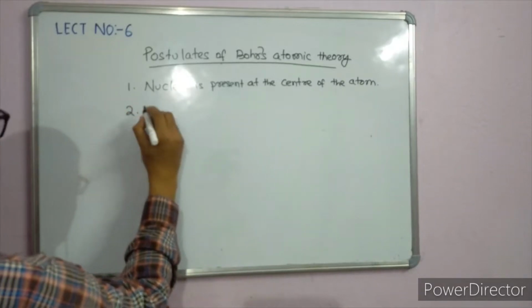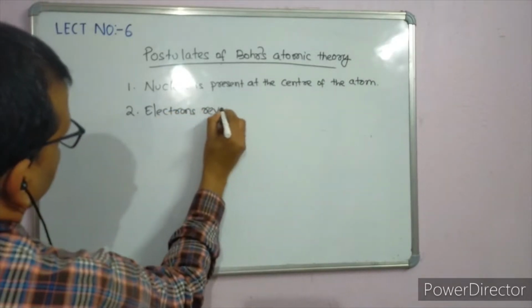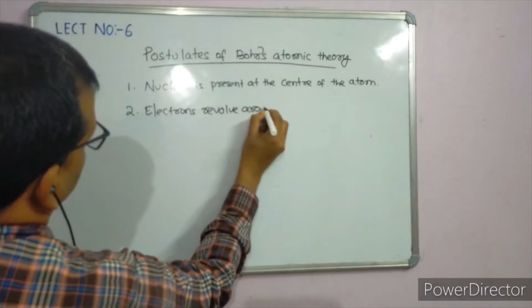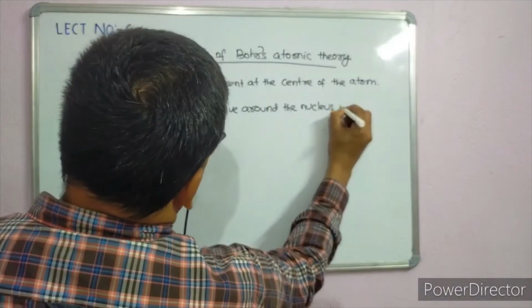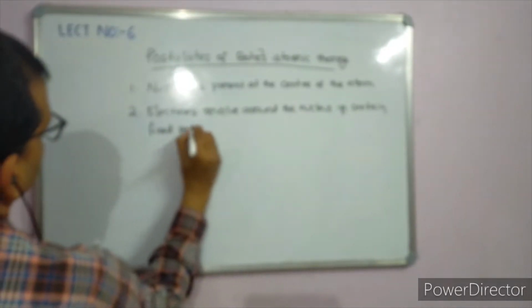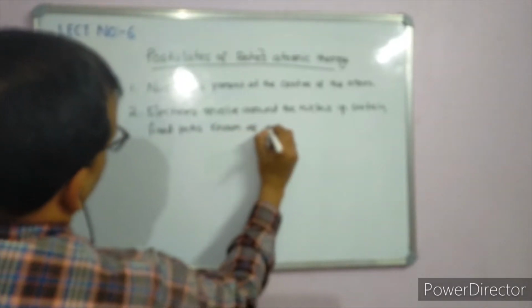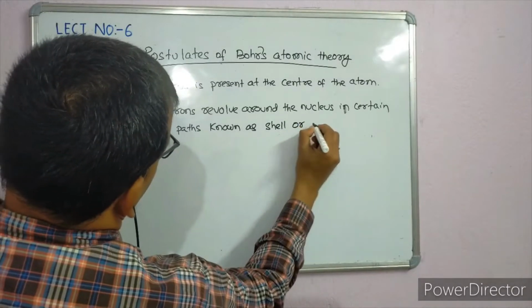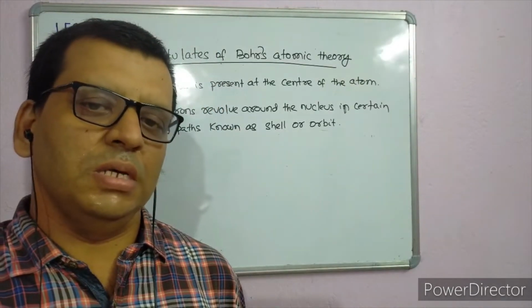The second postulate is important. Electrons revolve around the nucleus in certain paths known as shell or orbit.